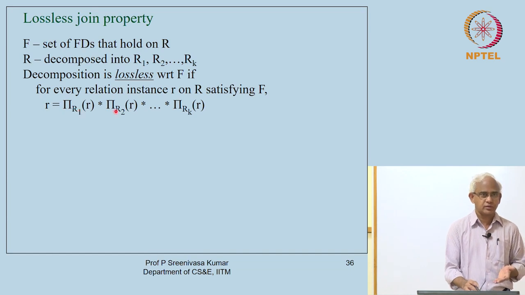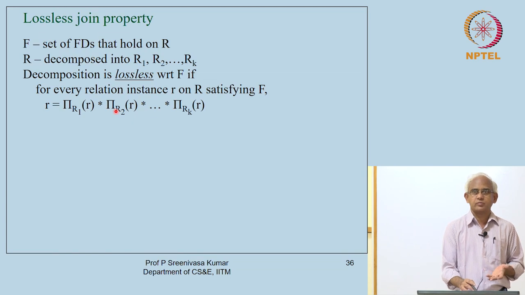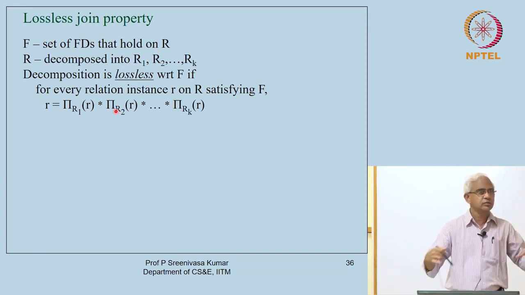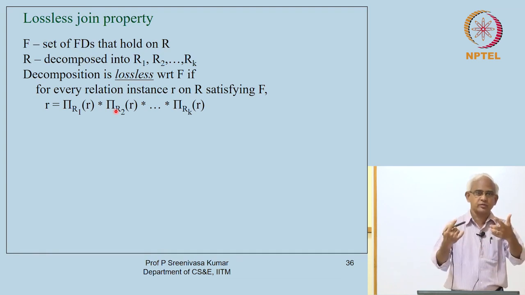This looks fair, right? This kind of a restriction looks fair, because we had some data and now we are saying that the schema is going to be split into two schemas. So we project the data into two, and if we join we should get back the original R.